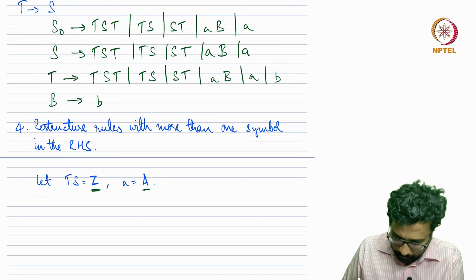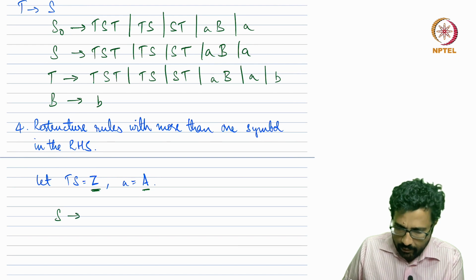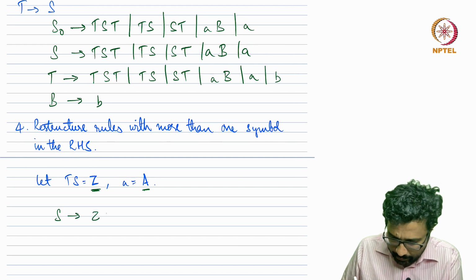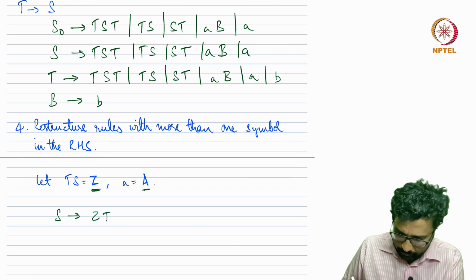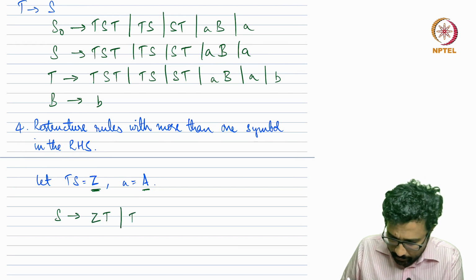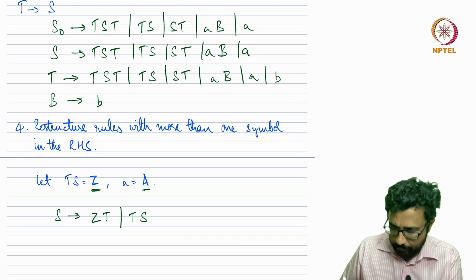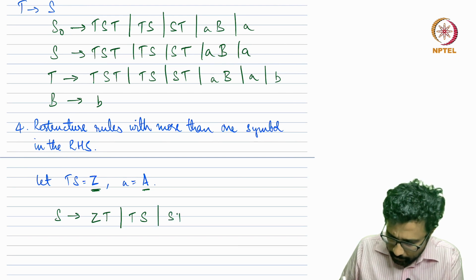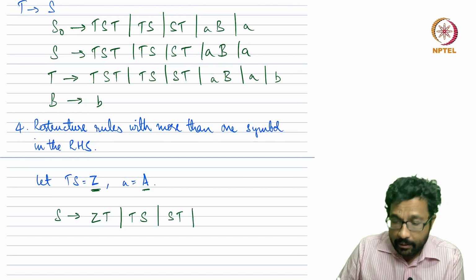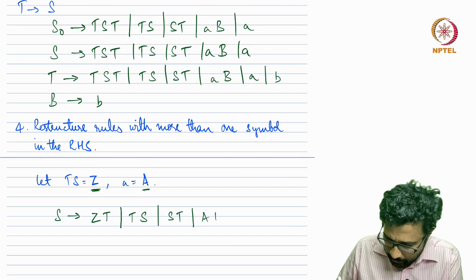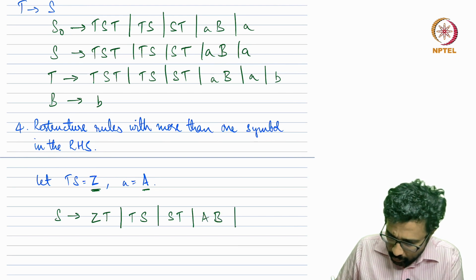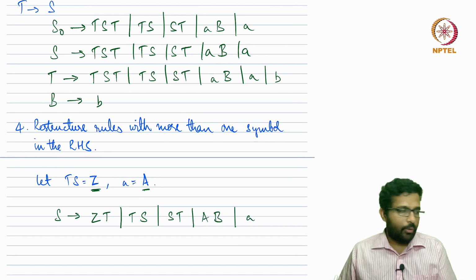Okay, so S gives, instead of TST I will say ZT. TS will remain as it is because it is in the form. ST will also remain as it is. Now small ab I will write as AB, and small a is also allowed. So this is what we do.